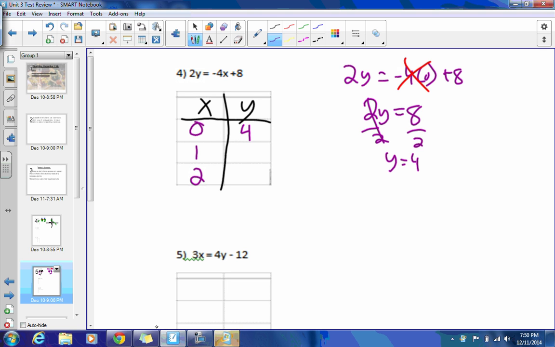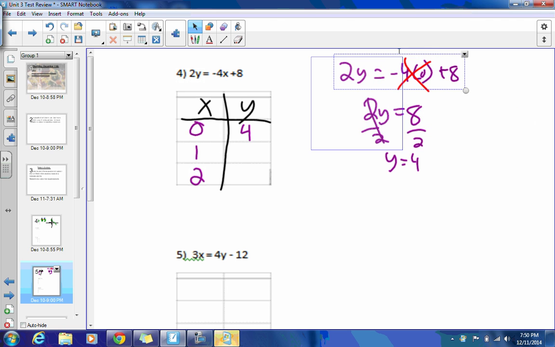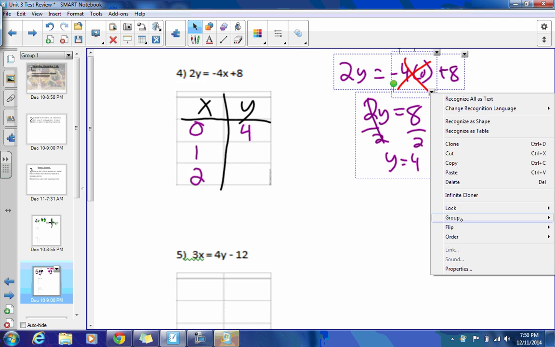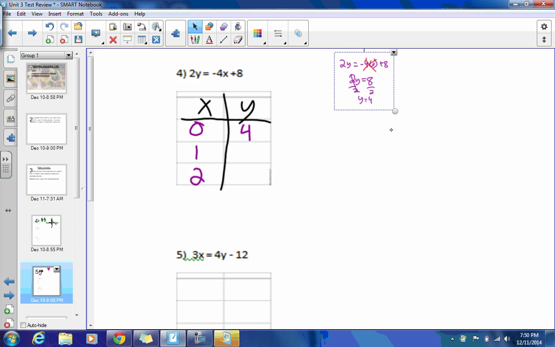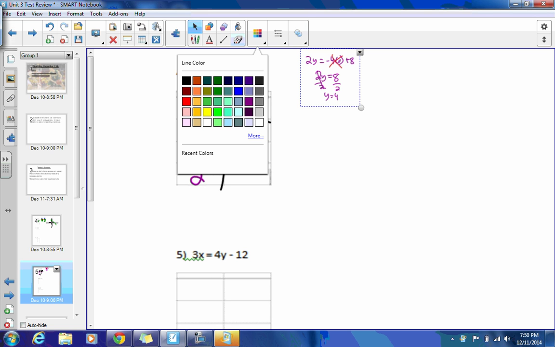Now the same type of steps would work for the next value, where x is equal to 1.